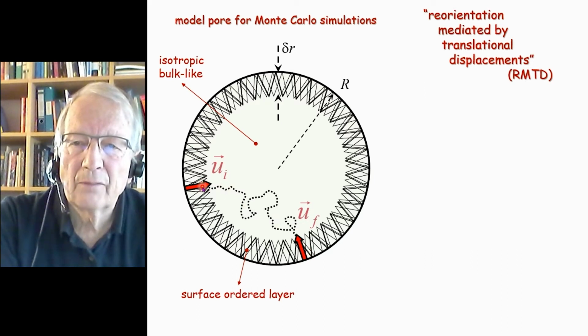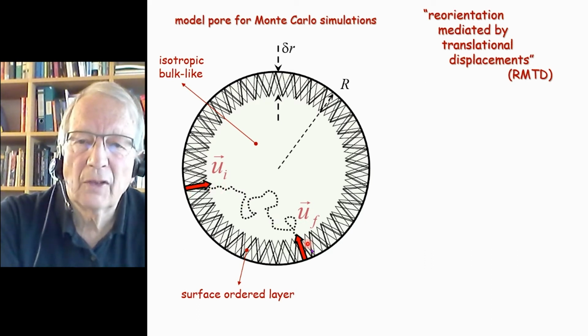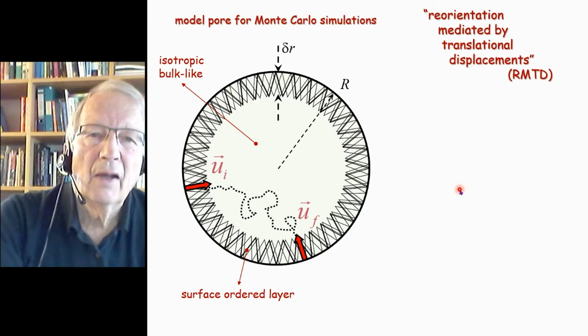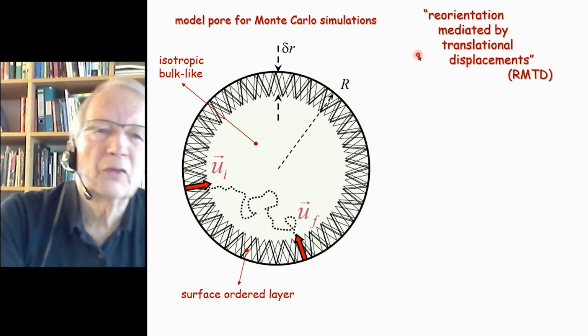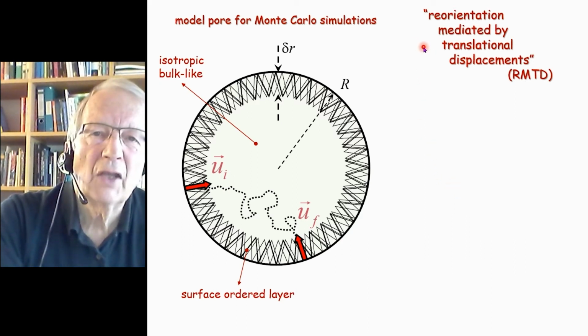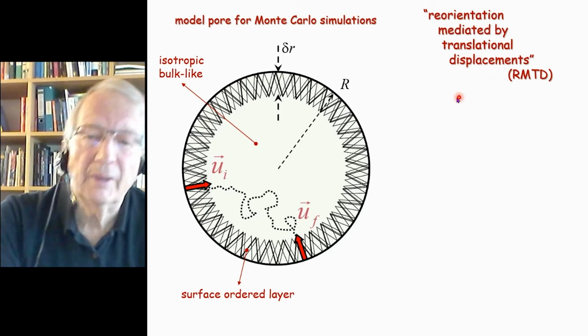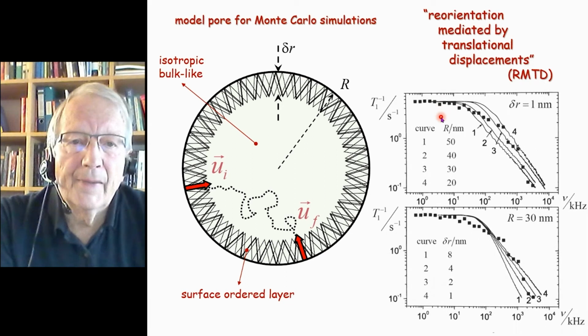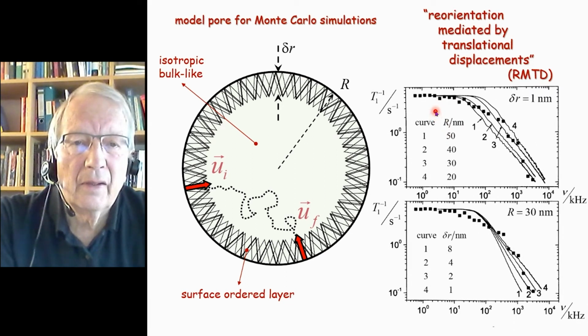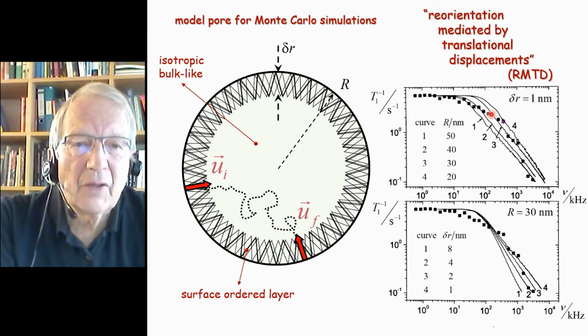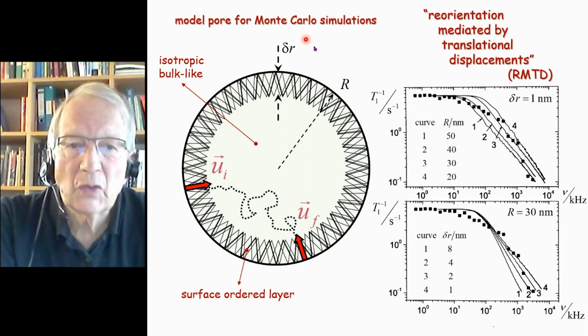And so we will have different initial and final orientation given by this process, which we call reorientation mediated by translational displacements, RMTD. These are data measured in this system, and the lines refer to this Monte Carlo simulation.